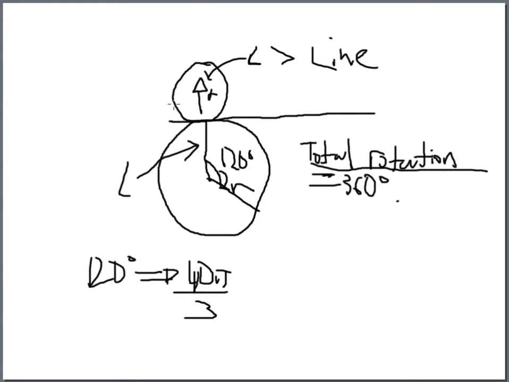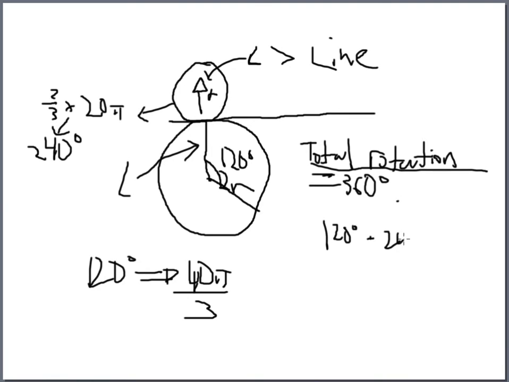But we know that 40 pi over 3 is going to be 2 over 3 times 20 pi, which means that the total amount of degrees is going to be 240 degrees. So we know that 120 degrees plus 240 degrees is equal to 360 degrees. And therefore 4 o'clock is your answer.